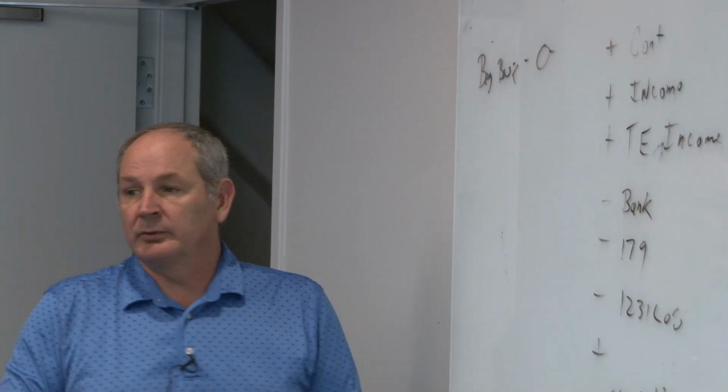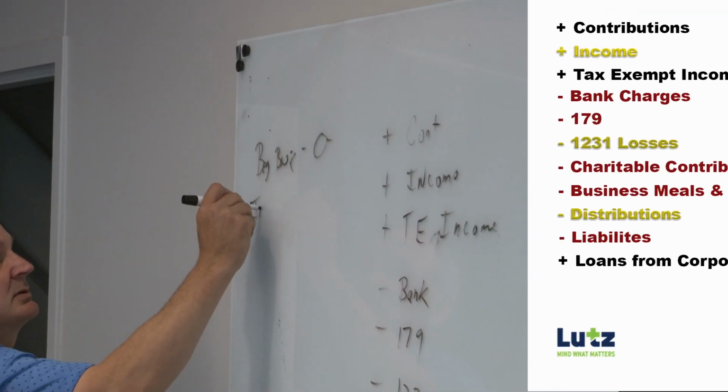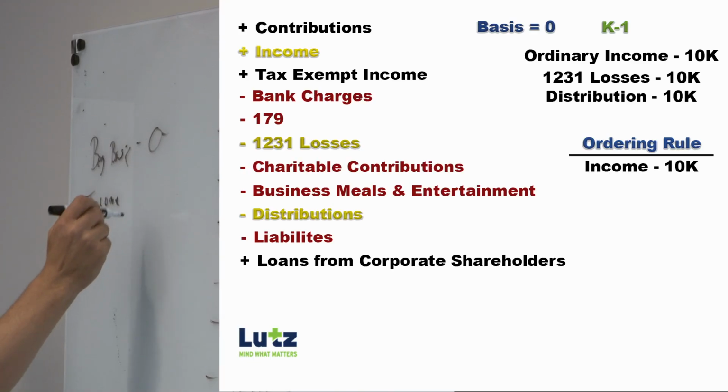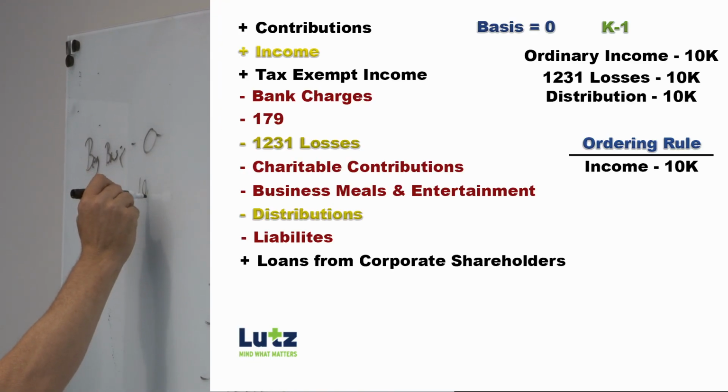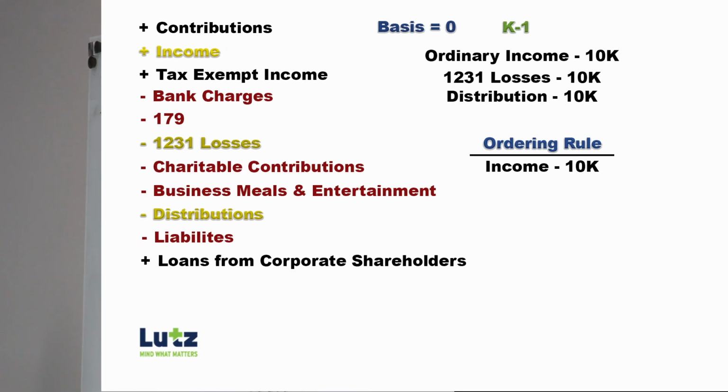So what's my ordering rule tell me I have to do? So I have income first. And it's going to be all items of income, I think. Pretty sure that's right. It's 10,000.